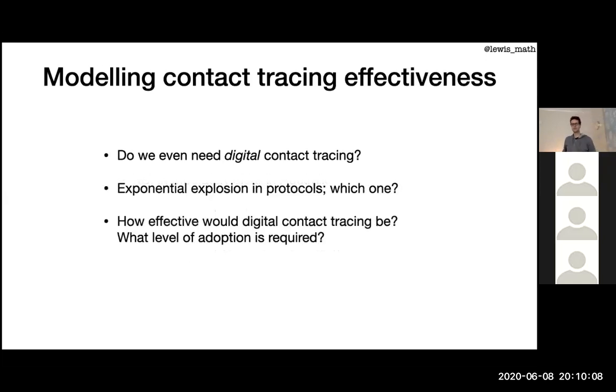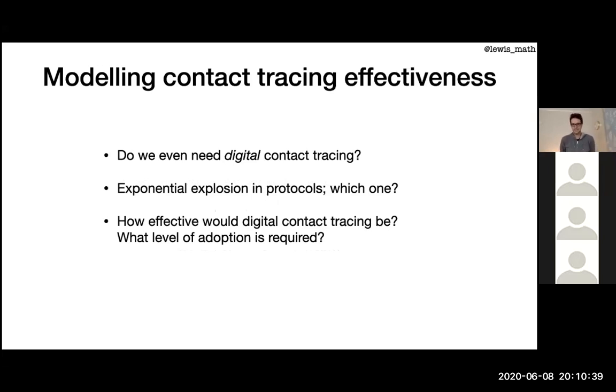So that was the first question. The other questions we had in March when we started this were, we very quickly started looking at what the different types of contact tracing protocols and apps are that are out there. You would have heard about the Google and Apple API that's been released for doing contact tracing, and there's some controversy about whether the Australian government should adopt that as opposed to essentially Singapore's protocol.